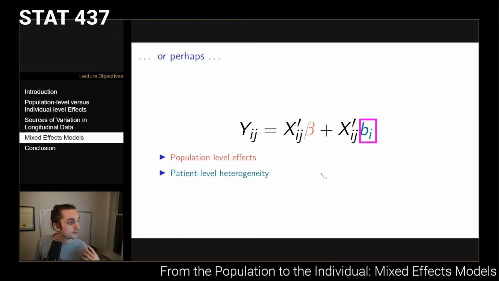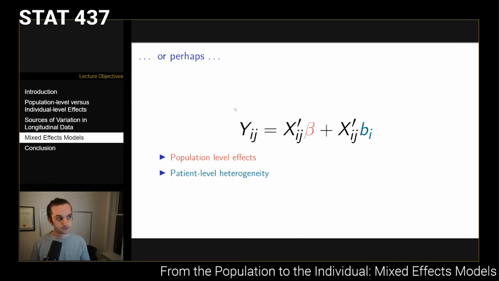But you could also think about, perhaps, if we're including something like height in the model, someone who actually has a bigger effect of height than normal or a smaller effect of height than normal, right? And so the total effect for any of our individual covariates here is going to be given by beta plus b_i.